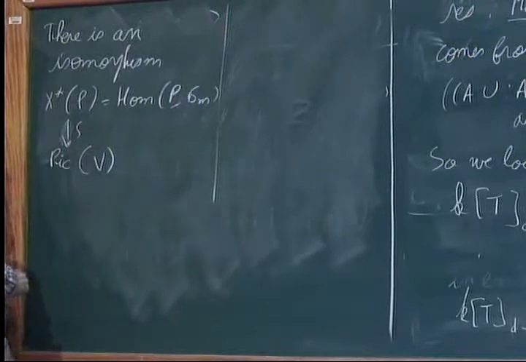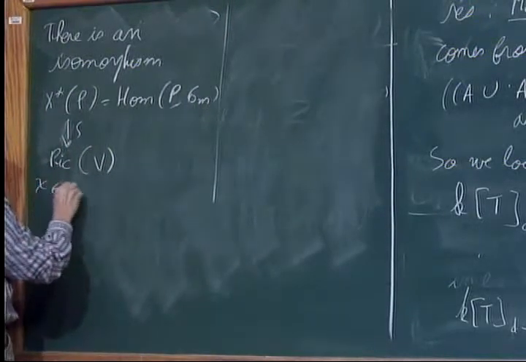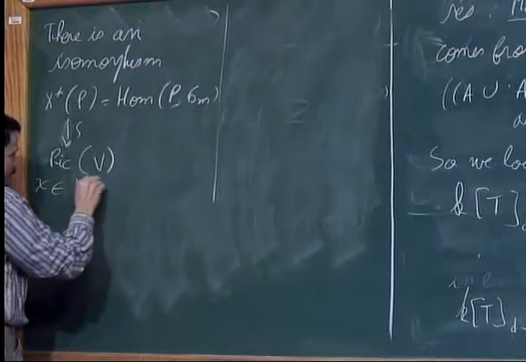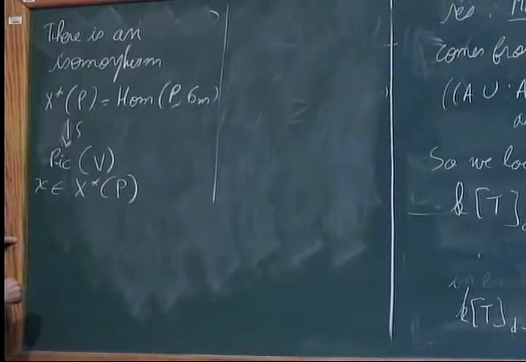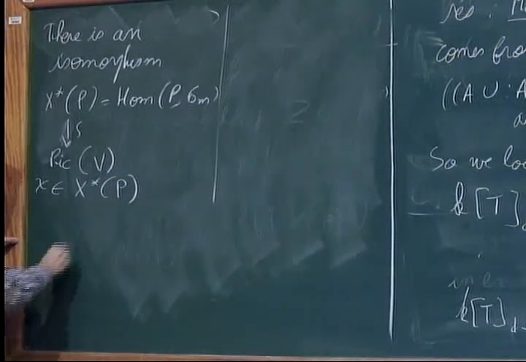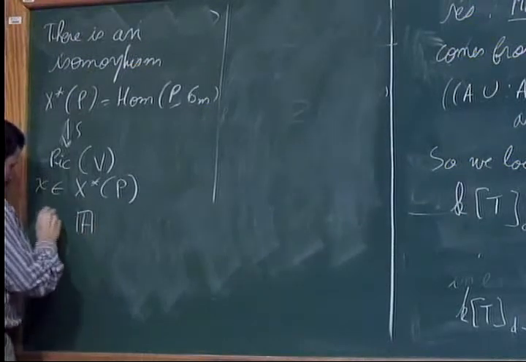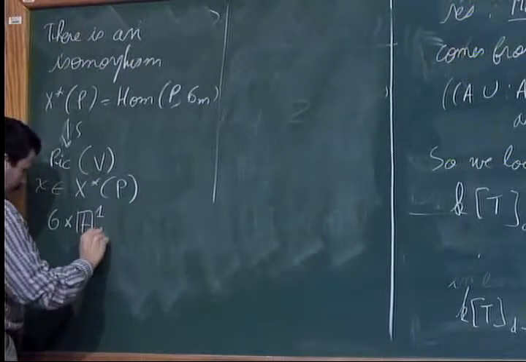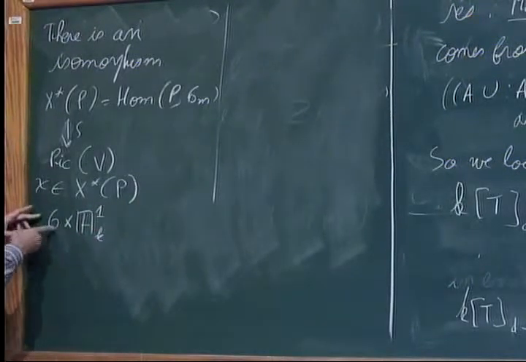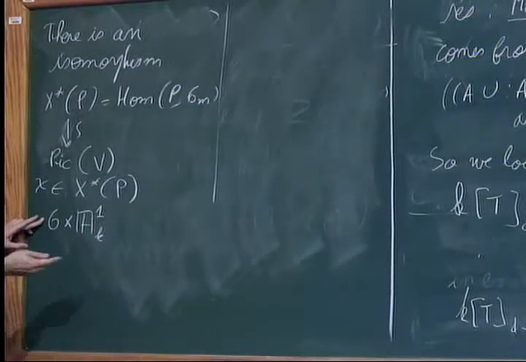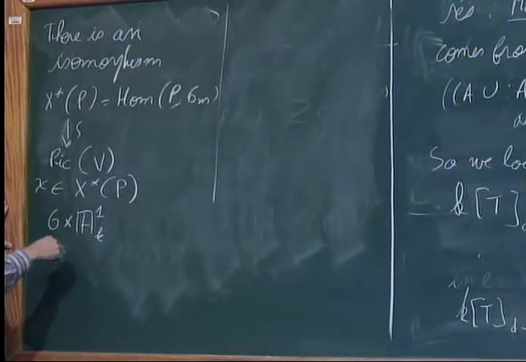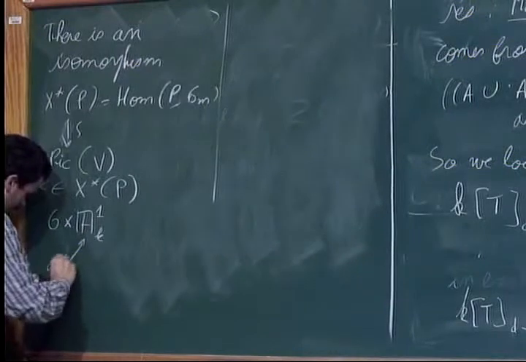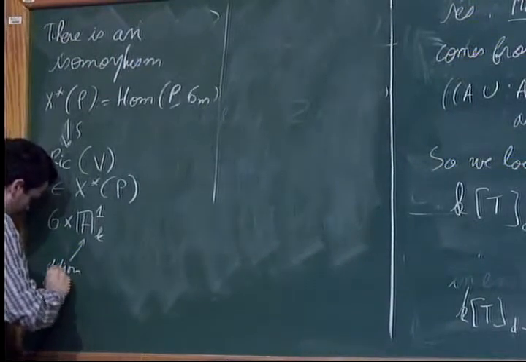And this isomorphism is given as follows. If I take chi to be a character of P, well, then I consider G times A1 of K. So G, there is an action of P by multiplication by an element of P on G. On A1, there is an action given by chi.